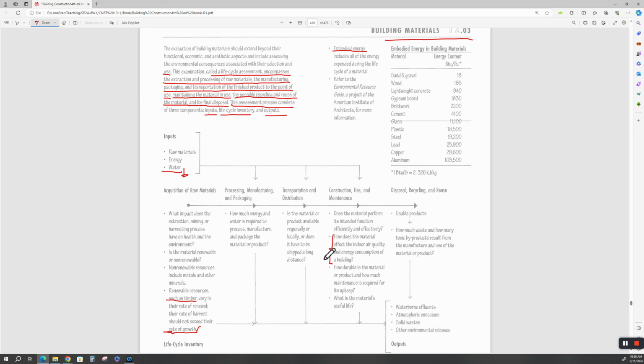What is that smell? Is it radon? Is it some VOC, volatile organic compound, that's going to make people get sick? Are we going to have to ventilate that space for a week until all that outgassing slows down?